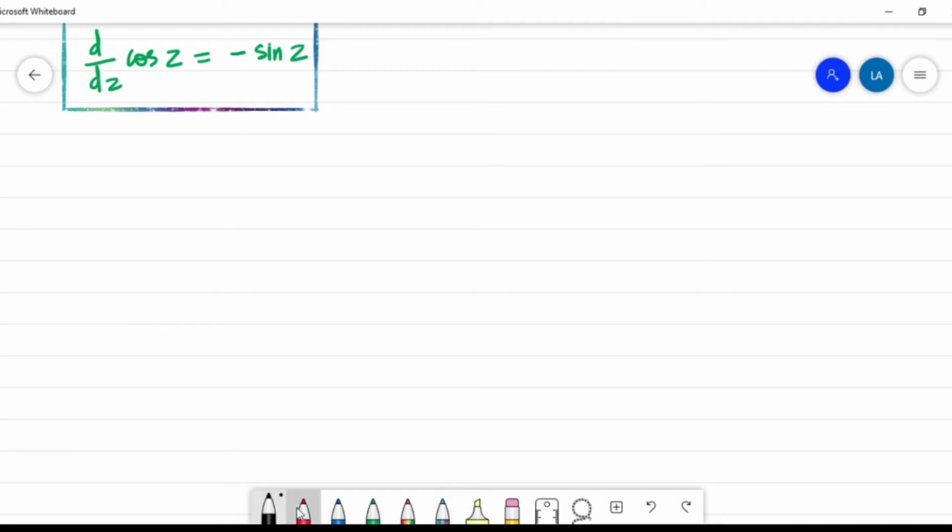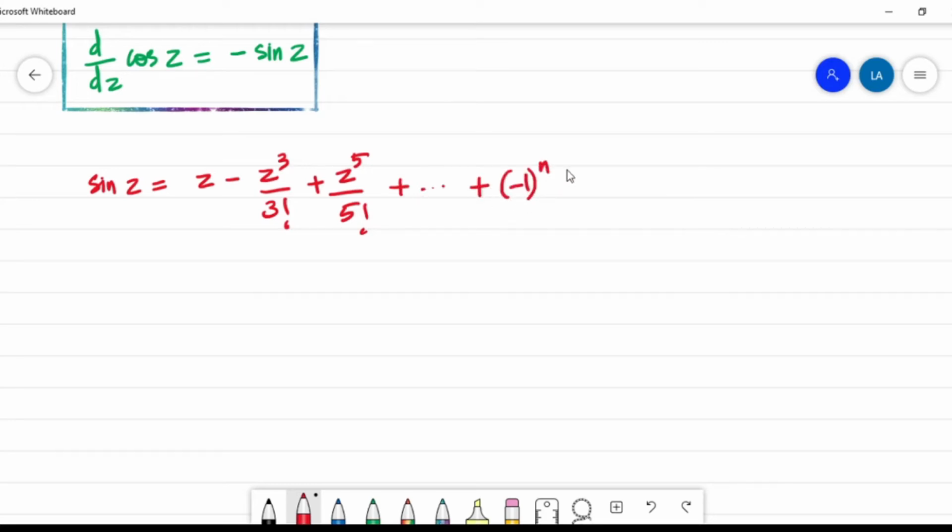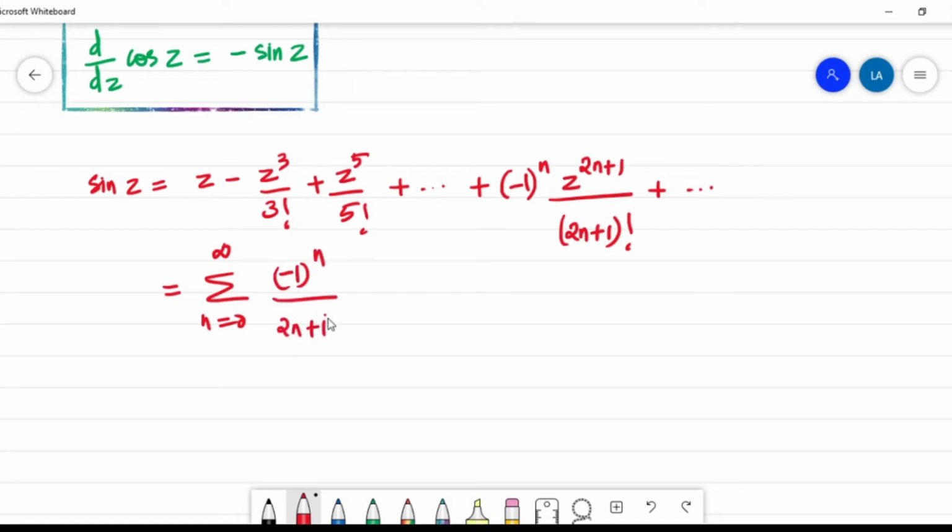So we have sine z equal to z minus z cube by 3 factorial plus z raised to 5 by 5 factorial plus etc., plus the general term minus 1 the whole raised to n into z raised to 2n plus 1 divided by 2n plus 1 the whole factorial plus etc., which is equal to summation n is equal to 0 to infinity of minus 1 the whole raised to n divided by 2n plus 1 factorial into z raised to 2n plus 1.